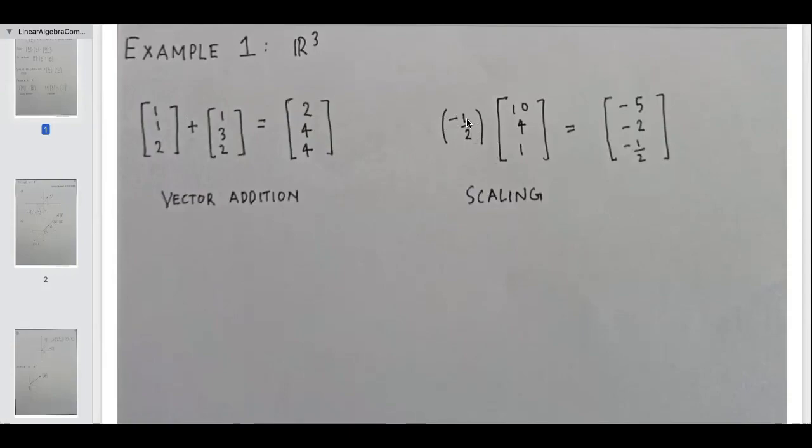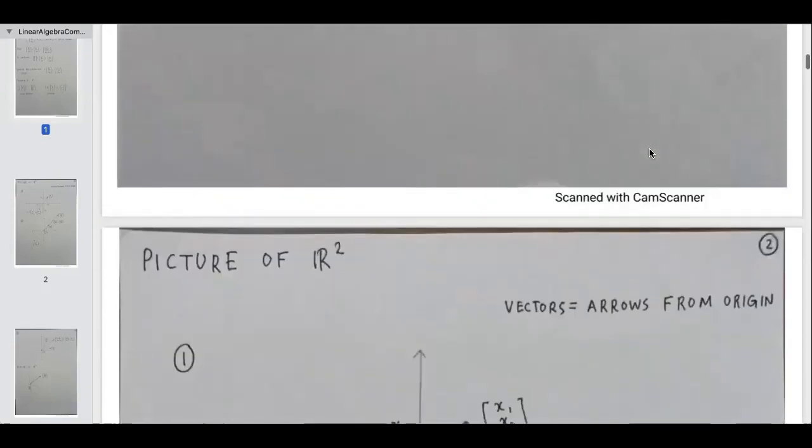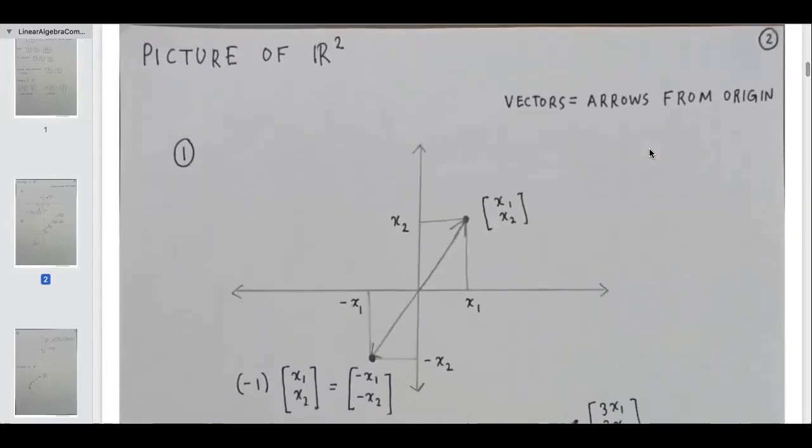When we scale the vector 10, 4, 1 by minus half, we just multiply it component wise. So minus half times 10 is minus 5, minus half times 4 is minus 2, and minus half times 1 is minus half. So that's the vector space of real numbers.